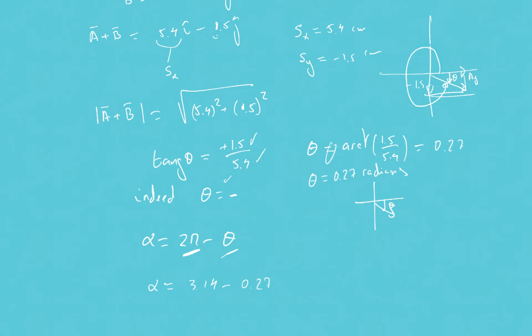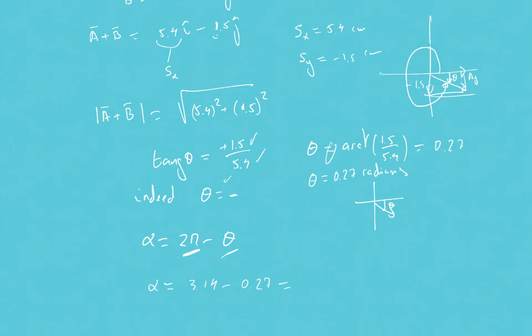1 radian is around 56 degrees, something like this. And 2 pi radians is 360 degrees. So the angle alpha will be 2 pi minus 0.27.